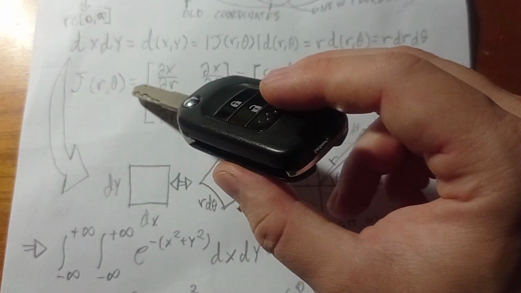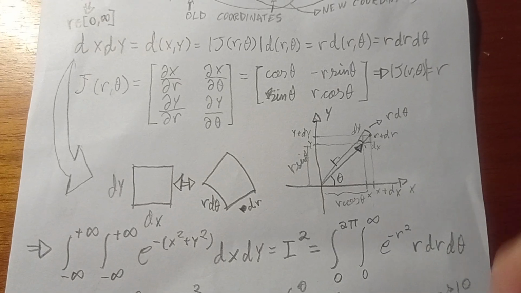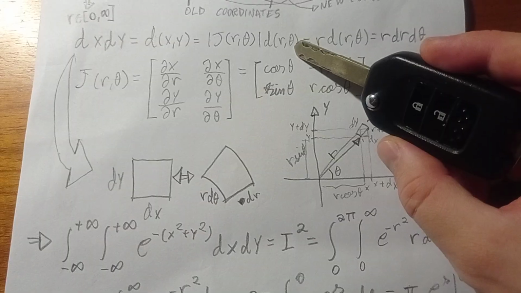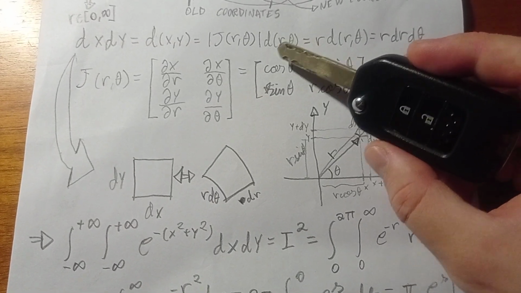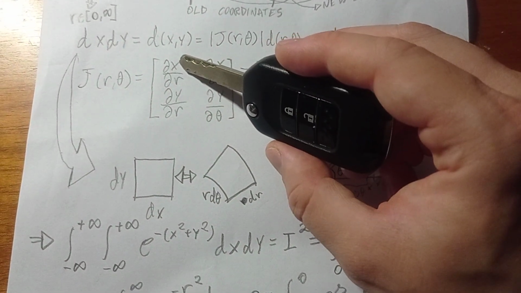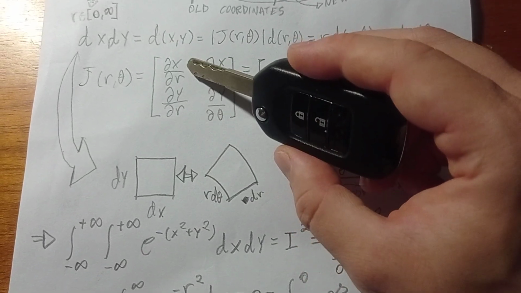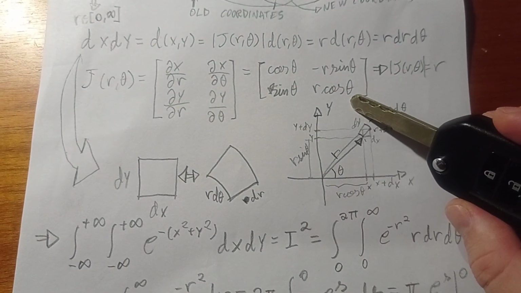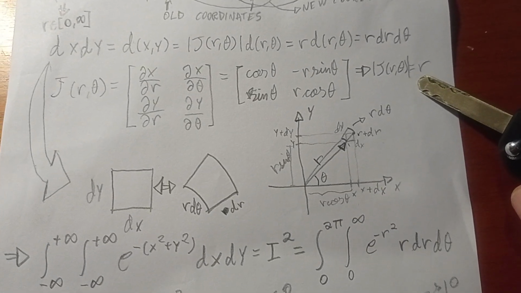So the Jacobian is a matrix of which we take the determinant to know what must go beside the element in terms of the new coordinates. And to take the Jacobian, we take the derivative of each old coordinate with respect to each new coordinate, and then we take the determinant of this. So in the end we have that it is equal to r.